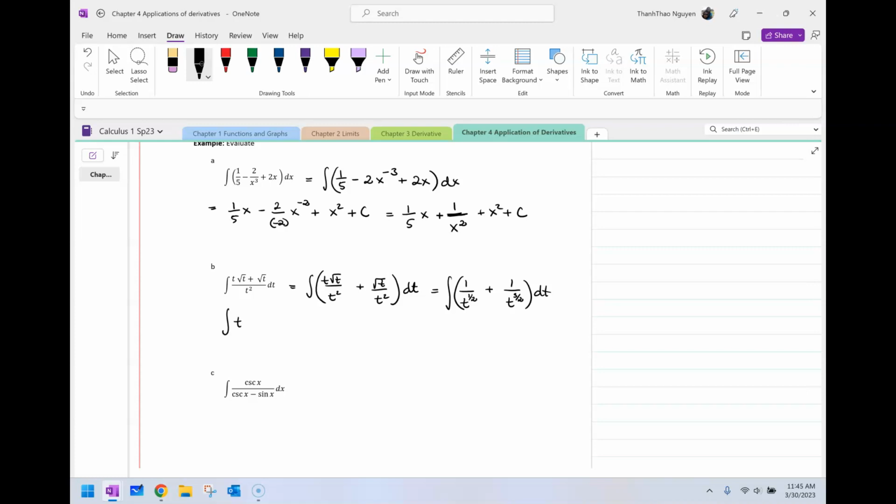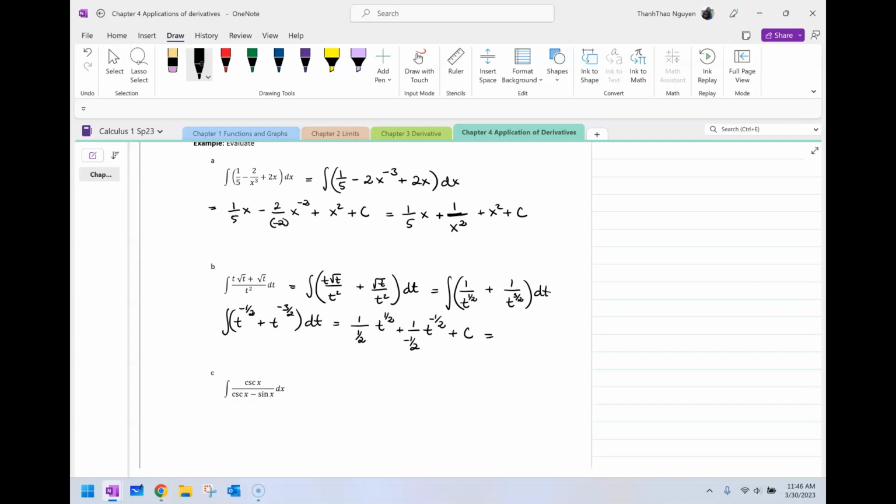So this is t to the negative 1/2 plus t to the negative 3/2 dt. Again, add 1, divide by it. So 1 divided by negative 1/2 plus 1 makes 1/2, t to the 1/2, plus 1, so that is negative 1/2, plus c.